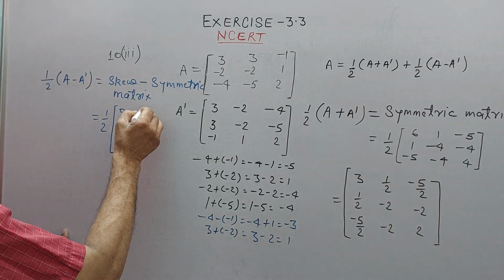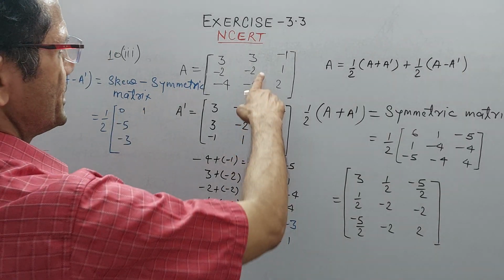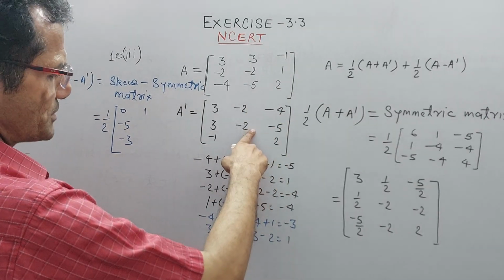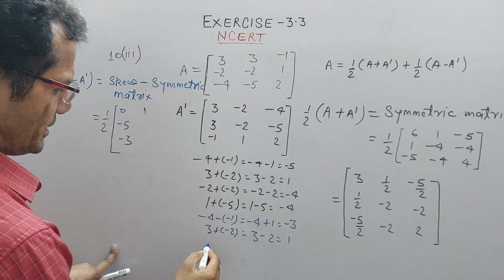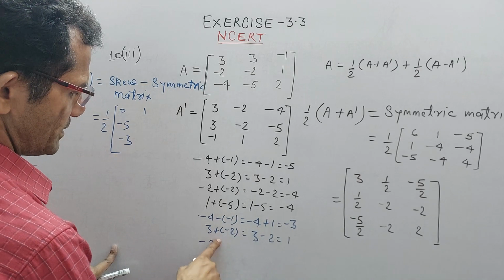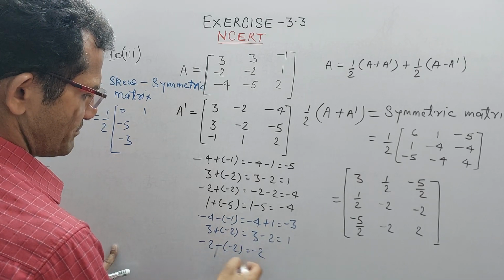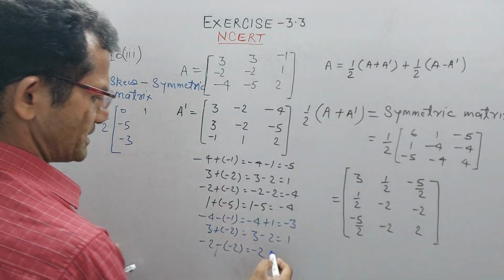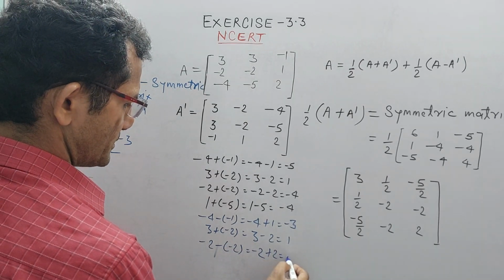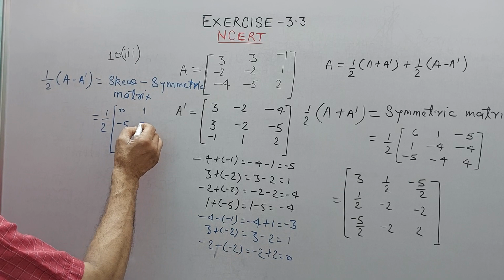This is 1. Similarly minus 2 minus 2, minus 2 outside is minus 2, same thing. Minus 2 we are subtracting minus 2. So if I open the bracket, minus plus, so this entry becomes 0.